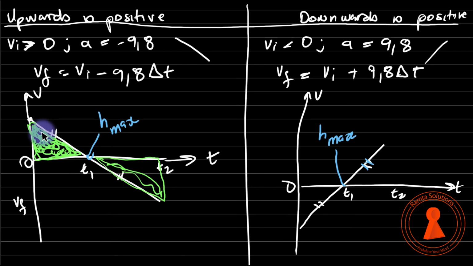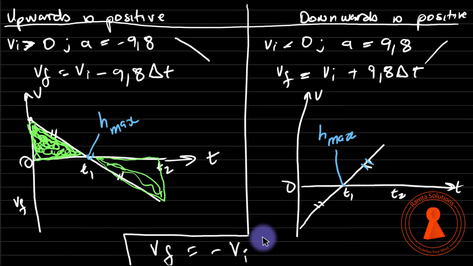Now let's go to the next case. I also need to put a short summary here. Something you must see is that when an object is thrown upwards and returns to the initial position, final velocity will be equal to the negative of initial velocity.